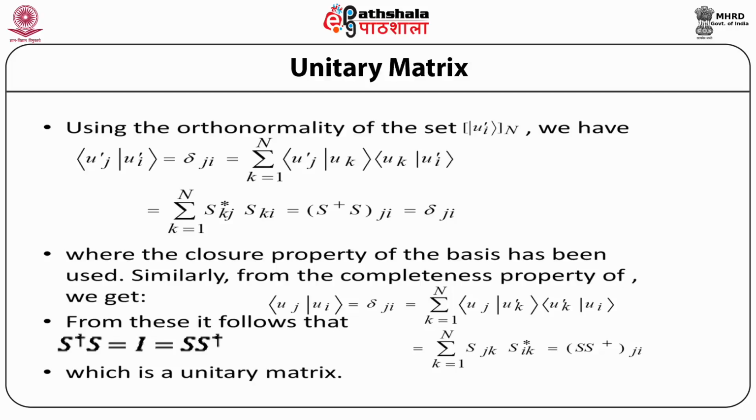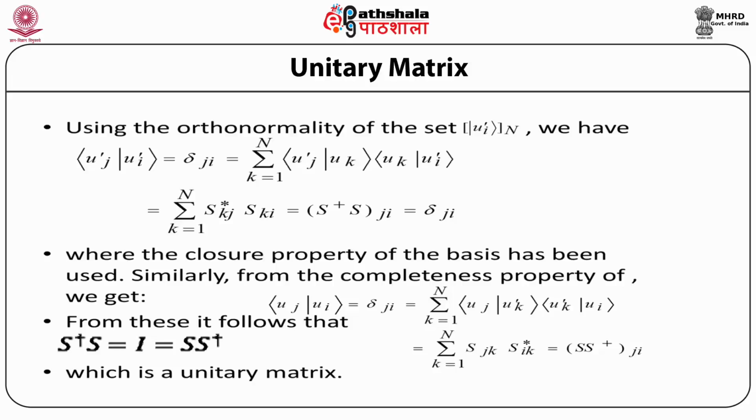Here we see that in the above relation ket vector u_k bra vector u_k gives us unity, and since we have an orthonormal basis set, wherever the coefficients of expansion represent different states, they will always return a delta operator, such that if the states are the same, the delta returns unity, and if the states are different, the delta returns 0.